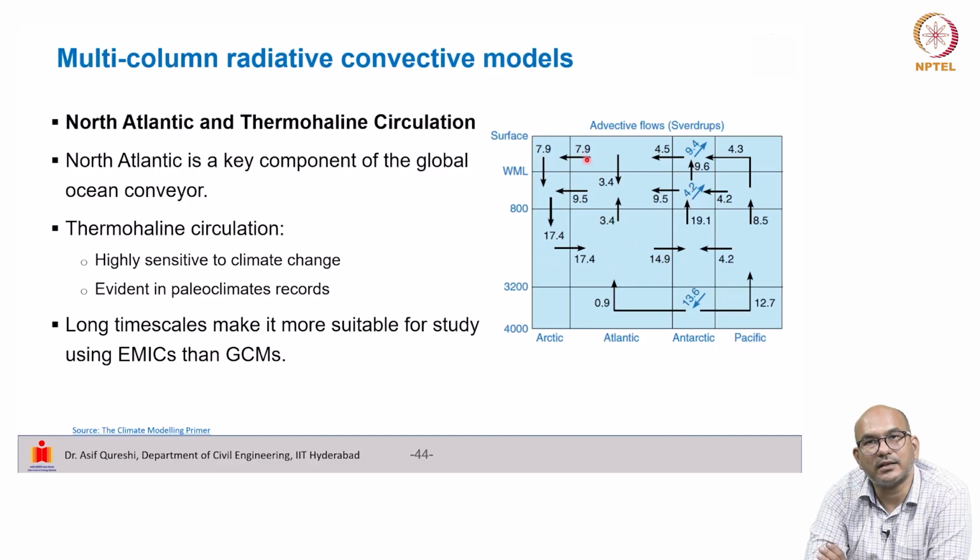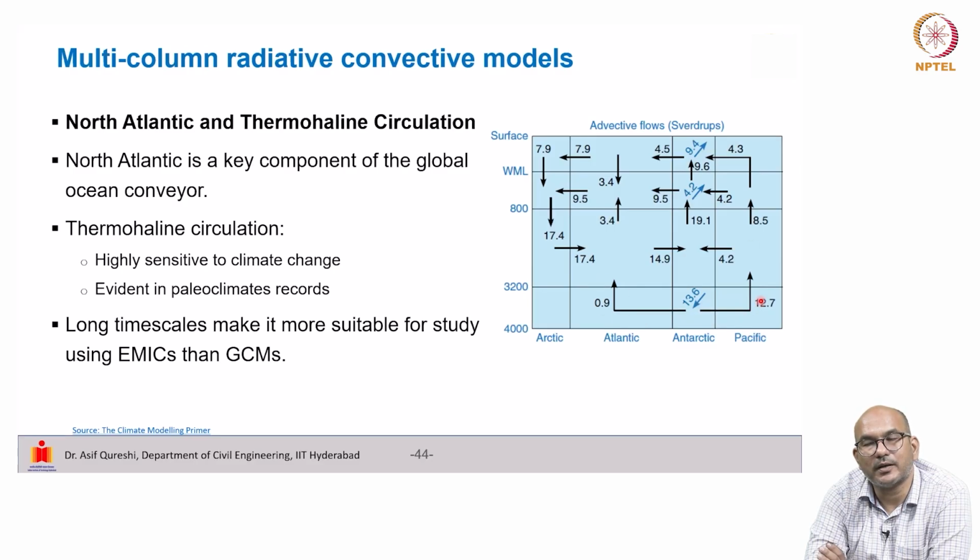It is interacting with the Arctic flows, also with the Antarctic flows, and it is receiving as well. And here this surface water is being added to the deep water. So 9.4 plus 4.2 at the surface is going down and being added at this deep layer. So this would be a deep water formation.